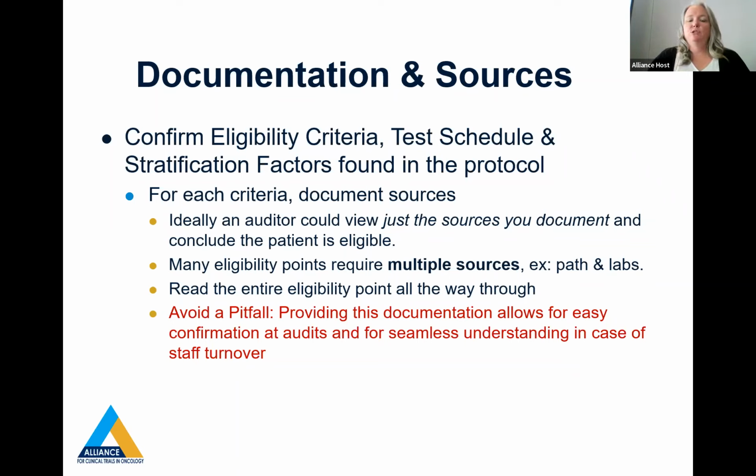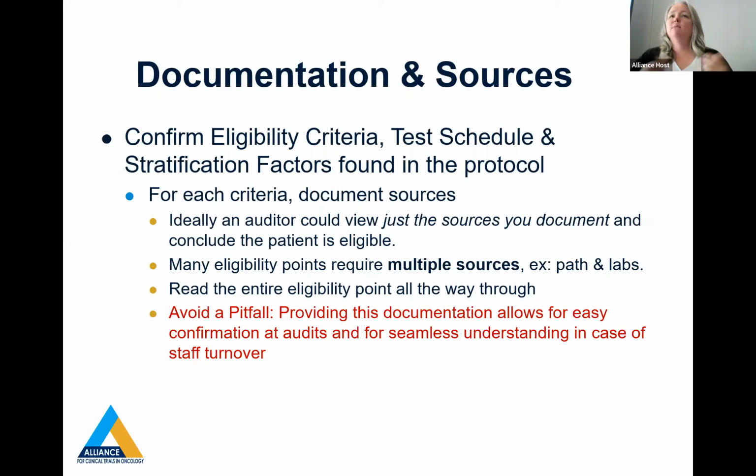Like we were just talking about, it's really ideal for the auditor to just view your source documents and conclude that the patient's eligible. So when you're writing that out, helping them tell the story, and it's all right there in that baseline eligibility section of your chart or on your electronic drive, it makes it easier for them to verify that eligibility.